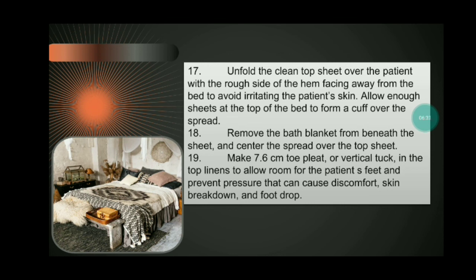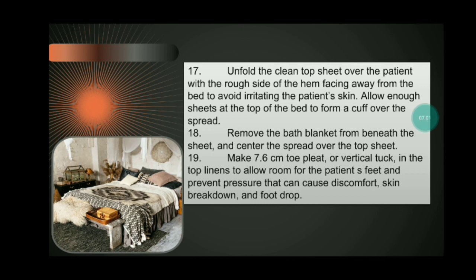So, next one is make a 7.6 cm toe pleat or vertical tuck in the top linens to allow room for the patient's feet and prevent pressure that can cause discomfort, skin breakdown, and foot drop. So, that's what I've mentioned earlier. So, you need to make a 7.6 cm toe pleat.